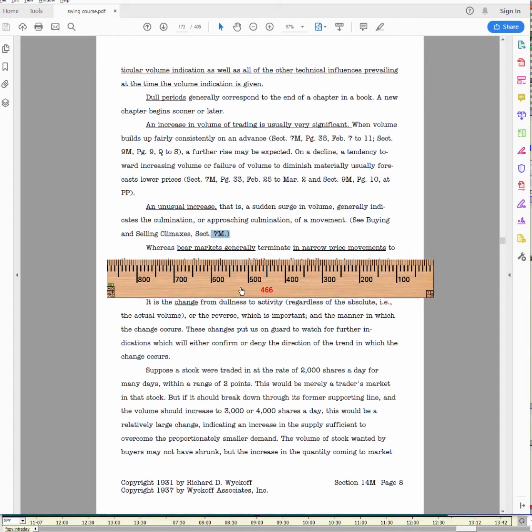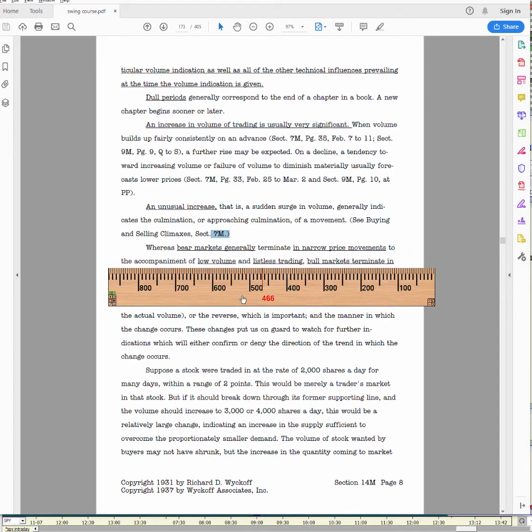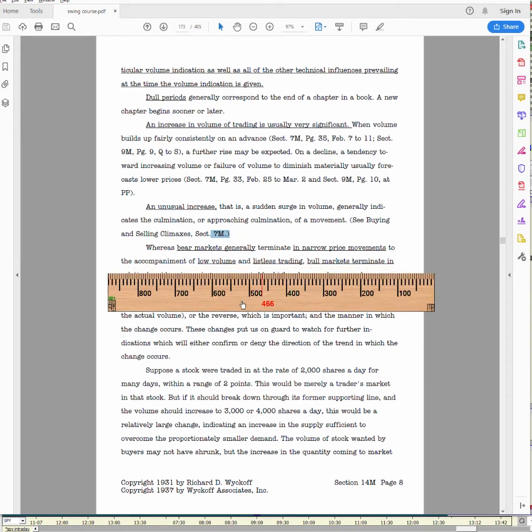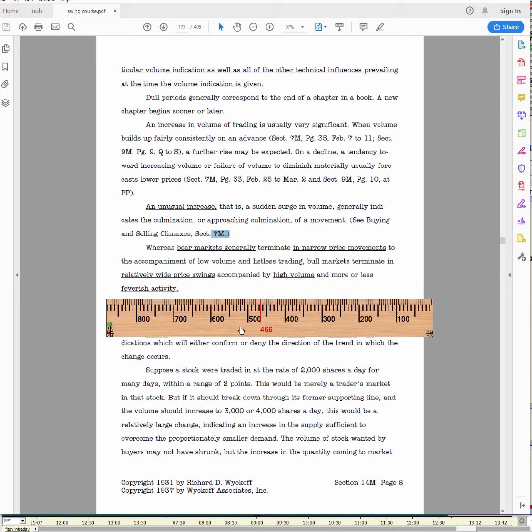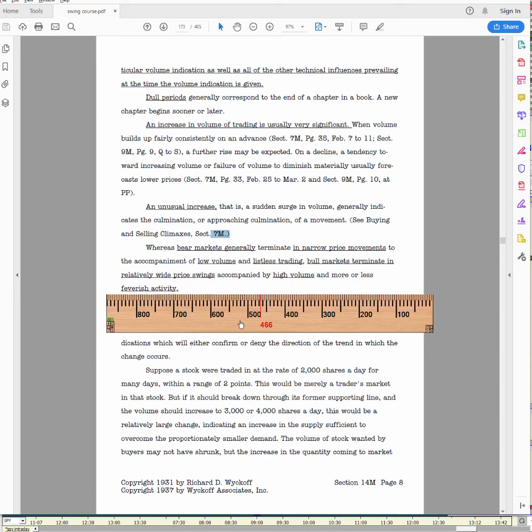Where bear markets generally terminate in narrow price movements to the accompaniment of low volume and listless trading, bull markets terminate in relatively wide price swings accompanied by high volume and more or less feverish activity.